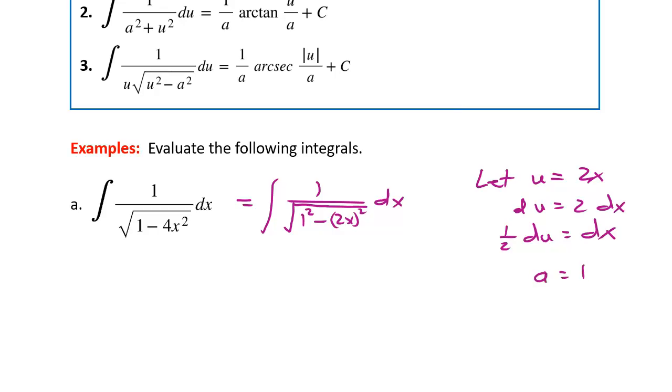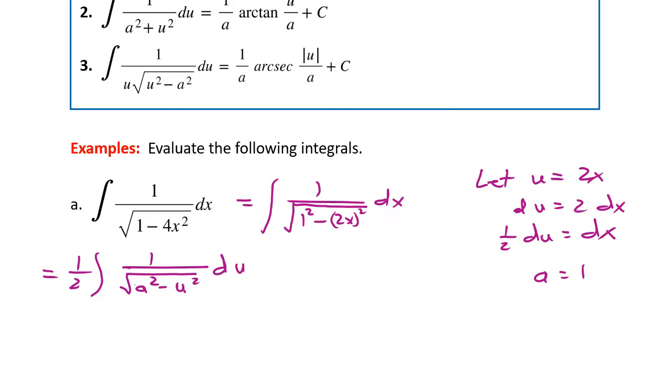Now I'm going to rewrite the whole thing as 1/2 times the integral of 1 over root a squared minus u squared du. Everything there is defined: I defined a as being 1, and I defined u as being 2x.